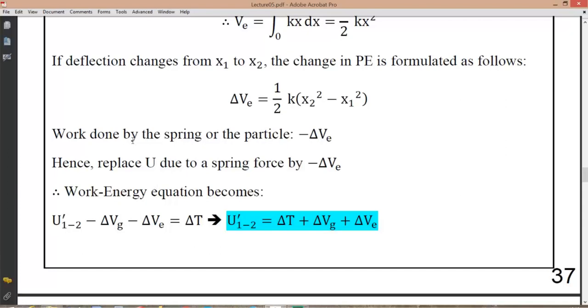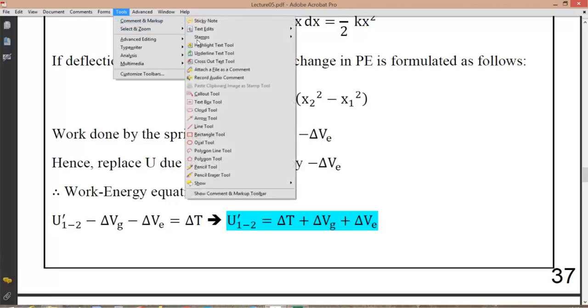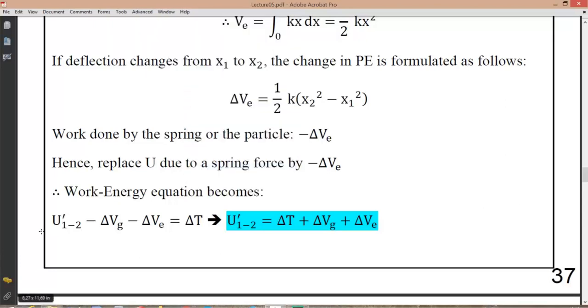And in this open form, what we have here on the left hand side of the equation is the total work done on the particle. And this is from condition 1 to condition 2, or the initial case to the final case.